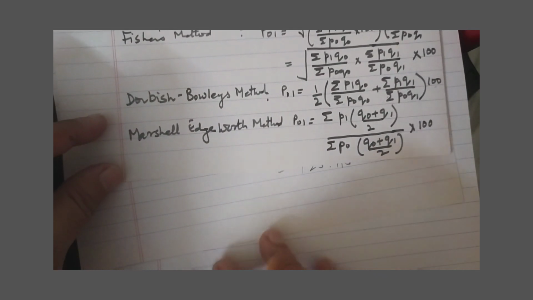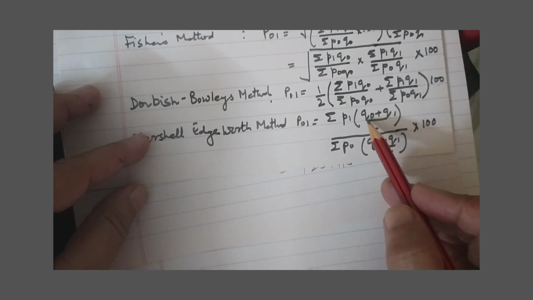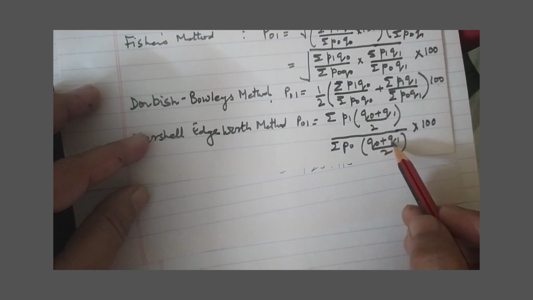Next we have to find the Marshall-Edgeworth method index number, and this is summation P1 into Q0 plus Q1 over 2, over summation P0 into Q0 plus Q1 over 2.